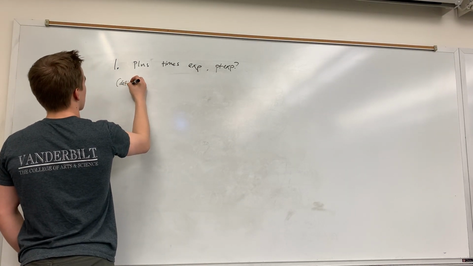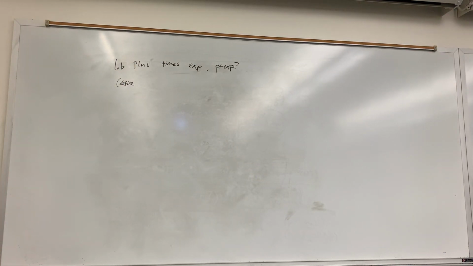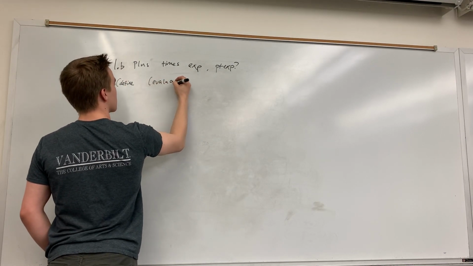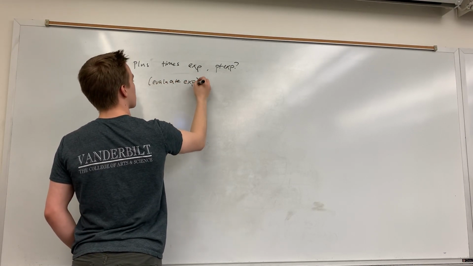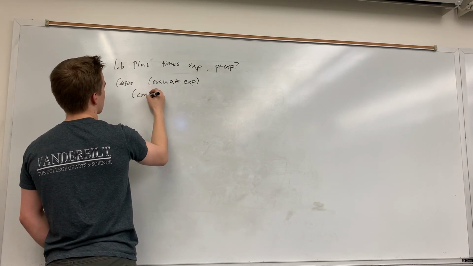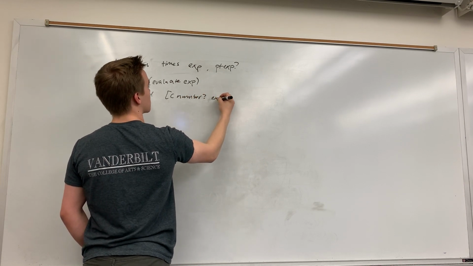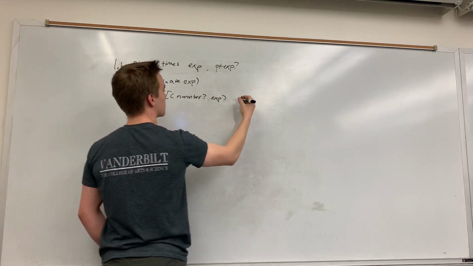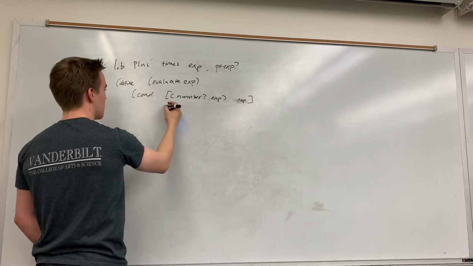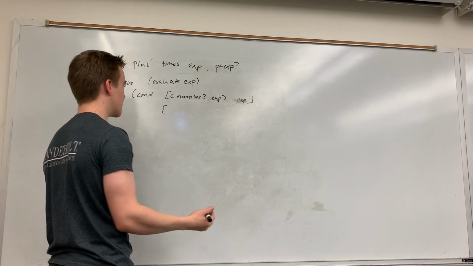Define, this is now 1b, and it's going to be called evaluate expression. So define evaluate. Again, we're going to have a cond that says if it's a number expression, return that number, which is expression. If it's not a number, it must be a list of length 3 with either a plus in the middle or a times.